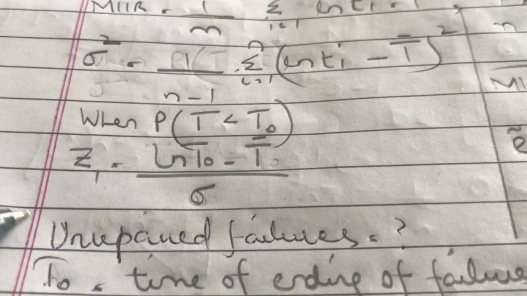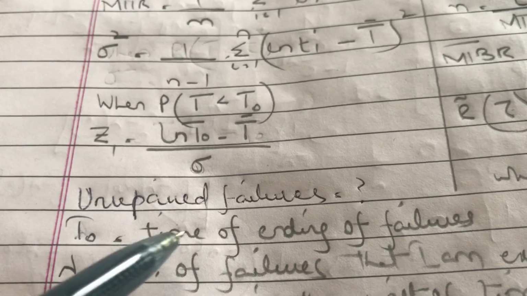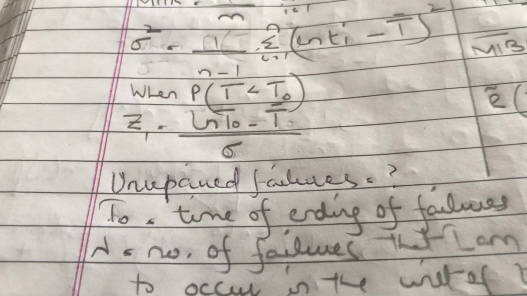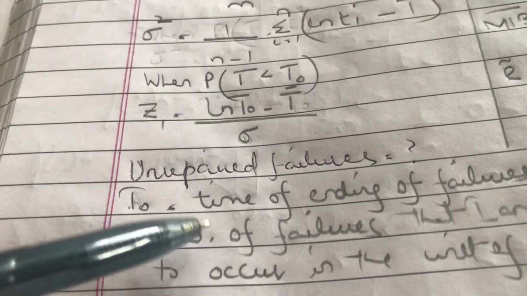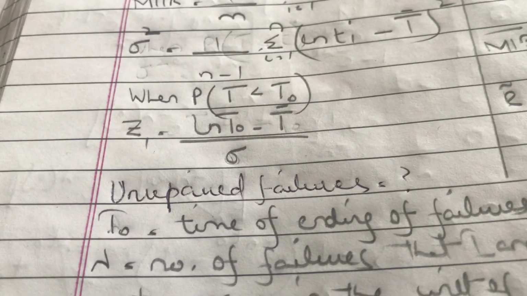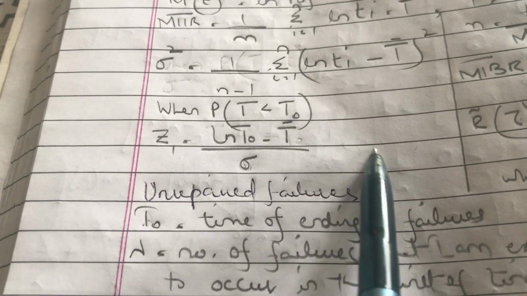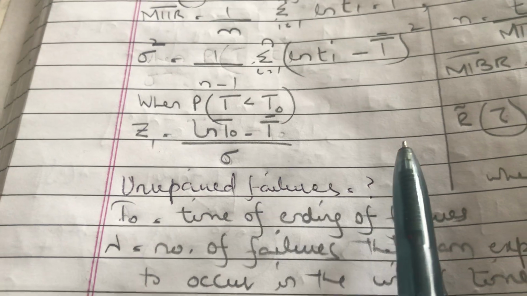So what is the procedure for finding these unrepaired components? We have T0. T0 is the time of ending of failures. I told you what this T0 is. It is basically the time of ending of failures. Suppose in our system we have a component, and it fails.